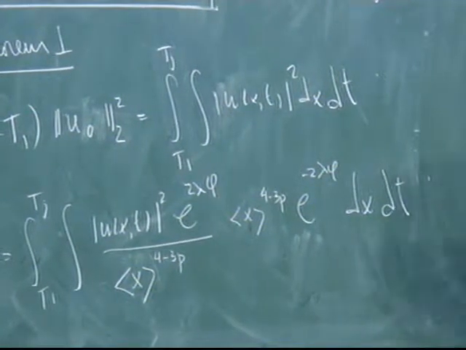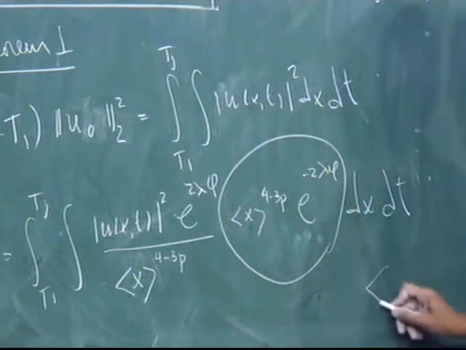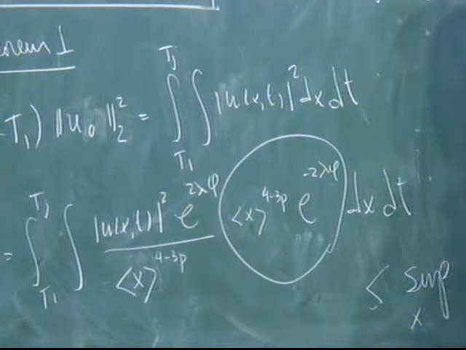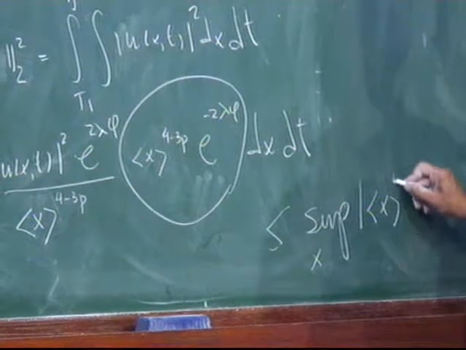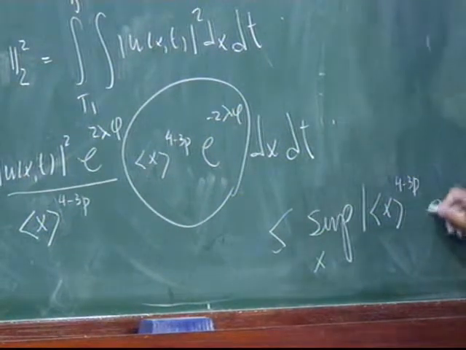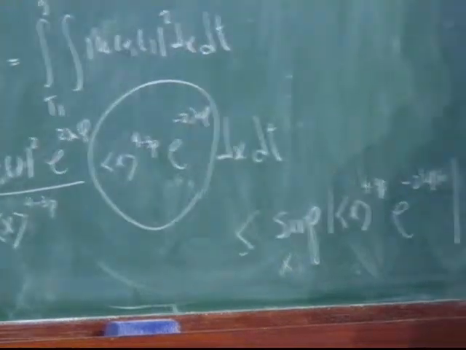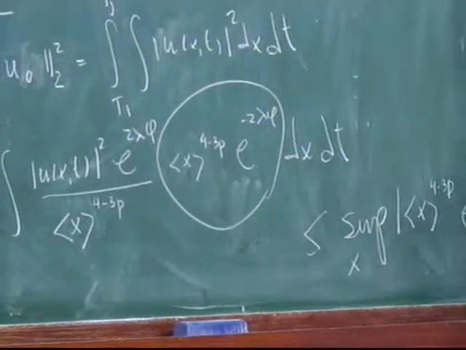This quantity certainly is equal to this quantity. Take the L infinity out here. This is less than the supremum in x of this quantity, multiplied by the L2 norm of all of what you have.